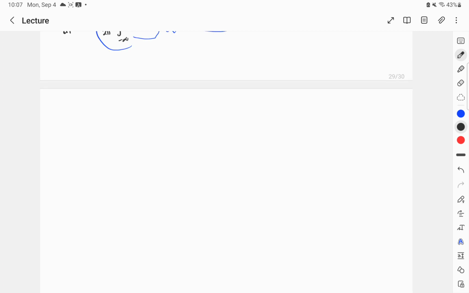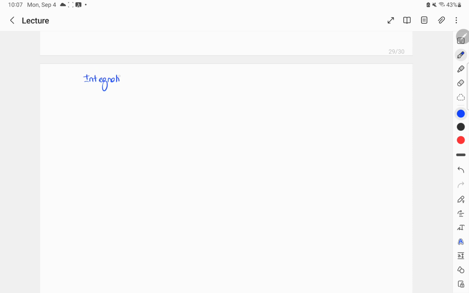Now that we know the derivation, we can also write the integration. However, I will not make the proof. I will just write integration and give you the result because it is long.